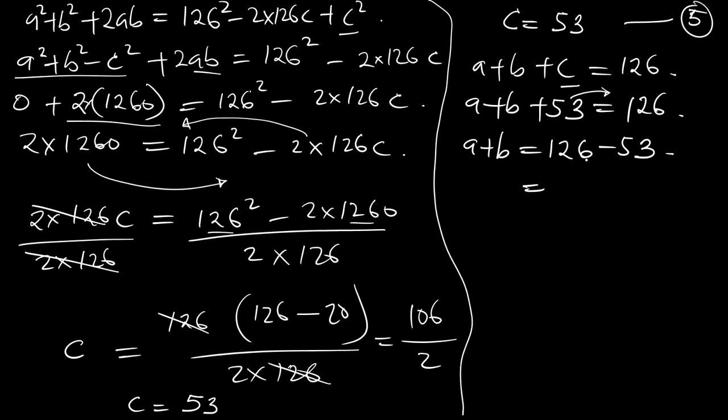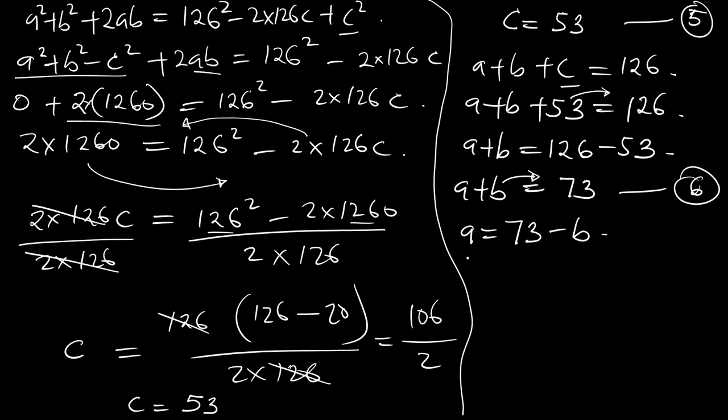Now 126 minus 53 will give us 73. So A plus B is equal to 73. This is equation 6. Now we can make A the subject of the formula. By moving this B to the other side, you have A is equal to 73 minus B. Call this equation 7.